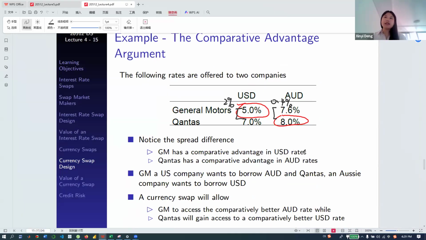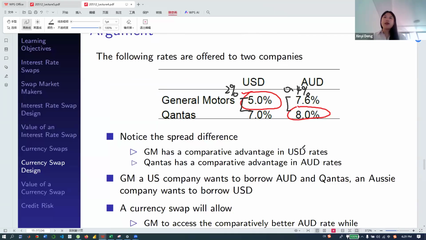Now, for some reason, General Motors does not want to borrow in the market where they have a comparative advantage. Instead, they want to borrow in the Australian market. And on the other hand, for some reason, Qantas also doesn't want exposure to the AUD, where they have a comparative advantage, and they actually want the exposure to USD.